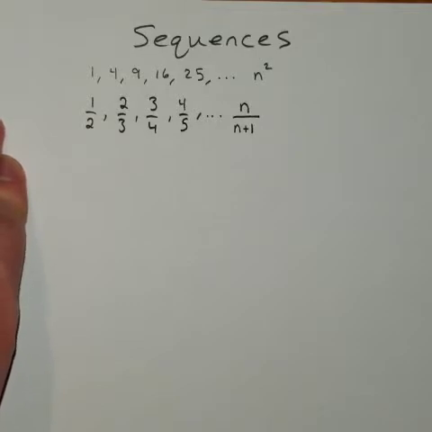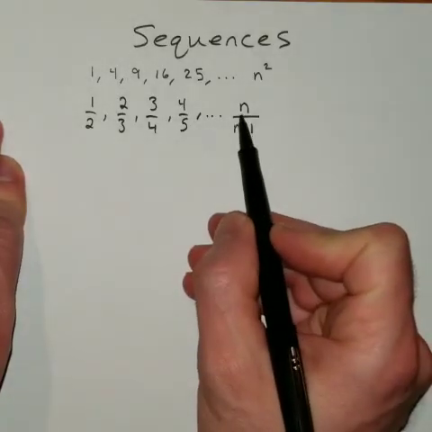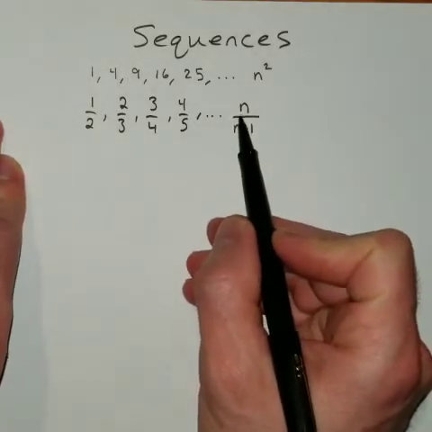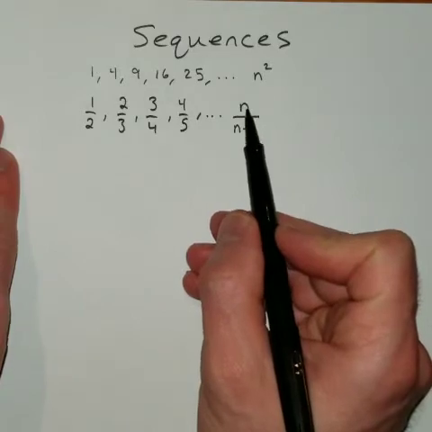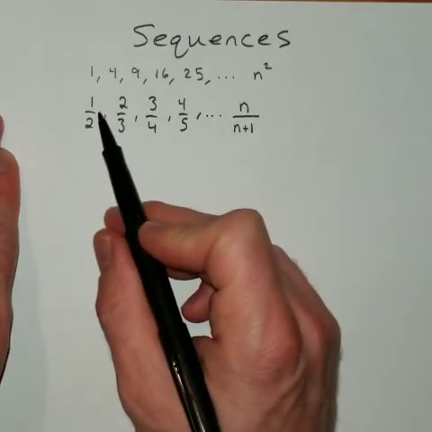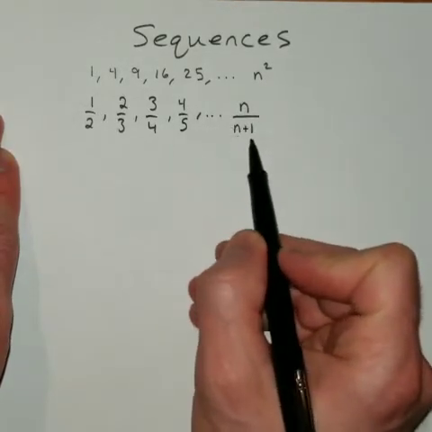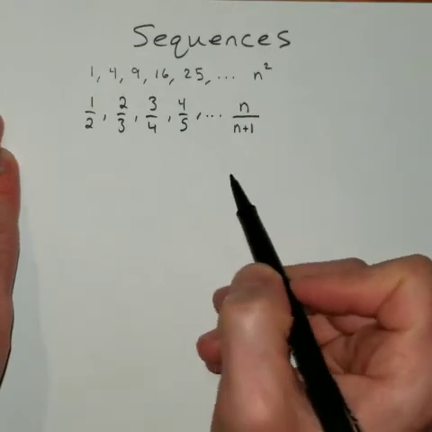Okay, so sequences. We've got to get a formal definition. The position is very important. The position ends up being your input, and this formula ends up being your output, whatever you get from that.